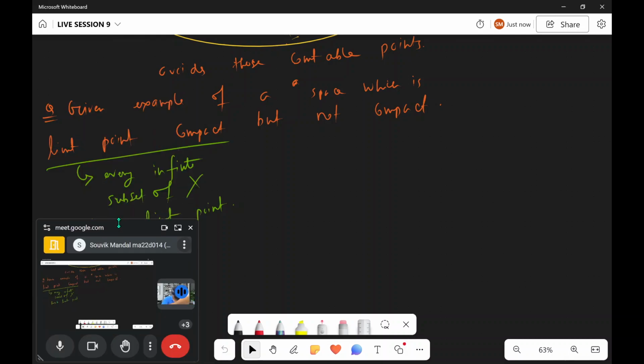Okay. So is anybody able to find some construction example which is limit point compact but not compact?